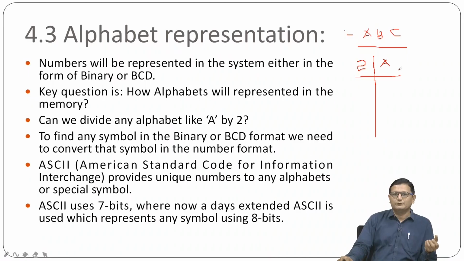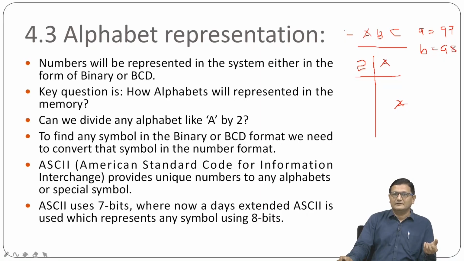So let's suppose you are talking about A, so A has its unique number, right? Let's suppose you are talking about a small a, so the small a is represented as 97, okay? Whenever you try to store a small a into the computer's memory, actually the computer stores the binary of 97. Let's suppose you want to store a small b into the computer's memory, at that time the computer stores the binary of 98, okay?